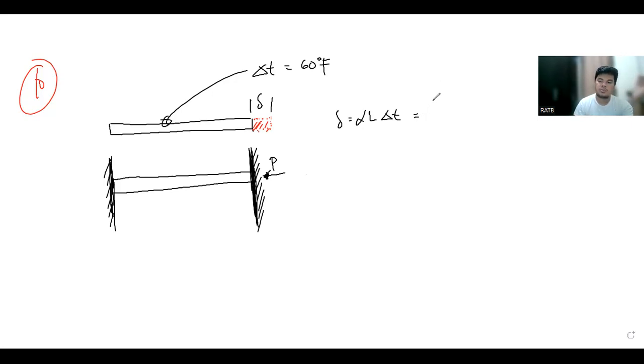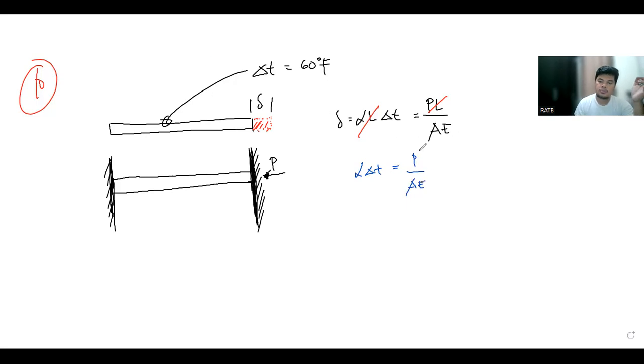As we all know, if you have an applied force, the elongation is equivalent to PL over AE. So we can equate and cancel out L, such that we have the resulting expression: alpha delta T is equivalent to P over AE.